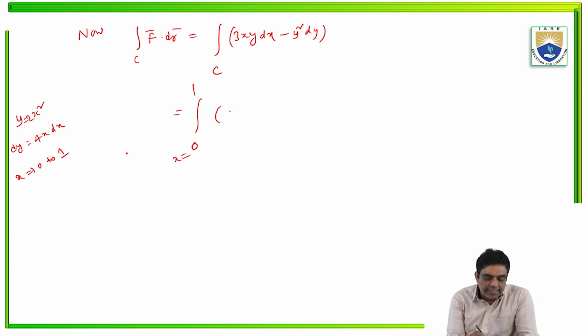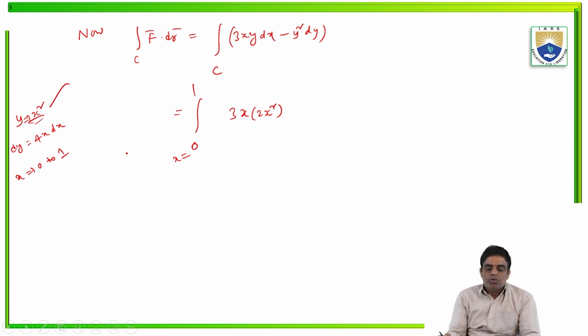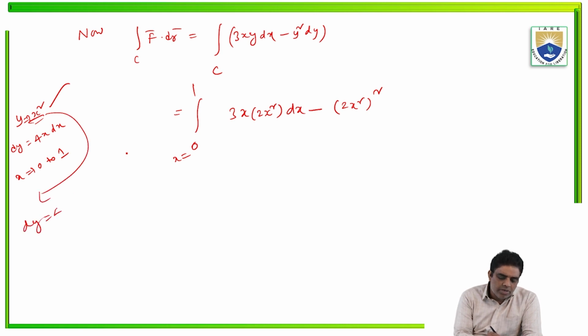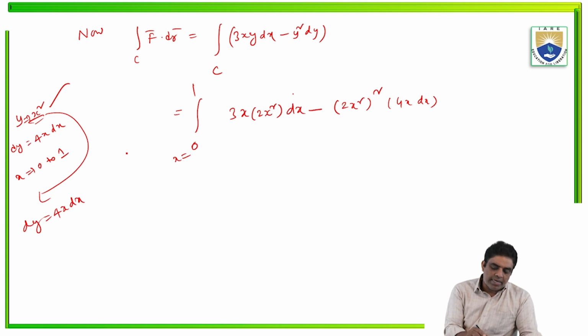This is 3x times y, that is 2x square, dx, minus y, again 2x square, whole square, times dy, which is 4x dx.